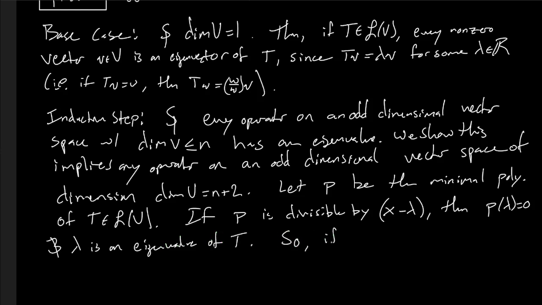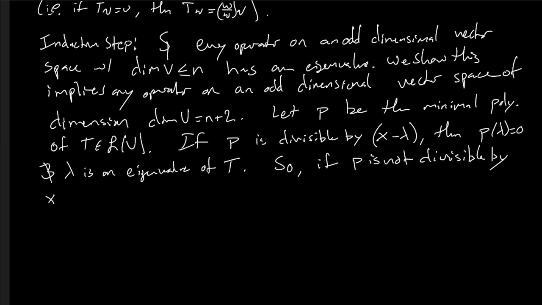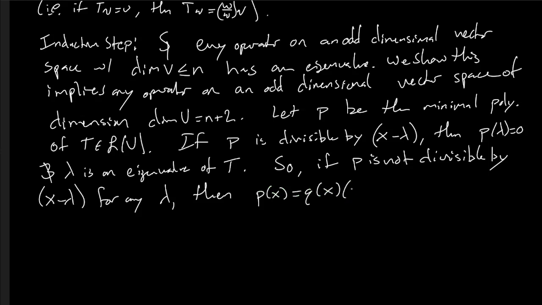Okay, so if p is not divisible by x minus lambda for any lambda, then p of x is equal to q of x times x squared plus bx plus c, with, and here's the piece that is important, b squared less than 4c.